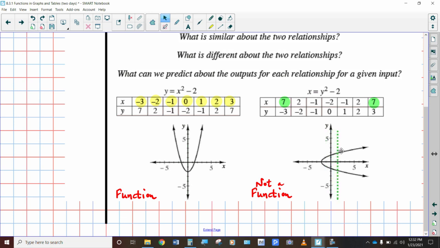When x was equal to positive 2, you get two different values for y. So that's basically how you tell whether or not a graph is a function, by using this vertical line test. And if you've got a table, you look for some of the common values. So here is a 2, and it gave you negative 2, but there it gave you positive 2. So it's not working properly.